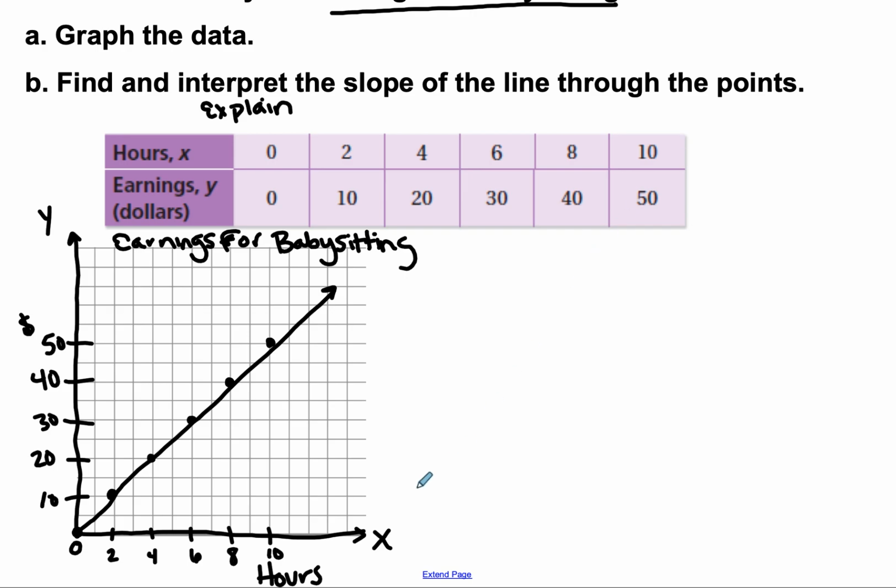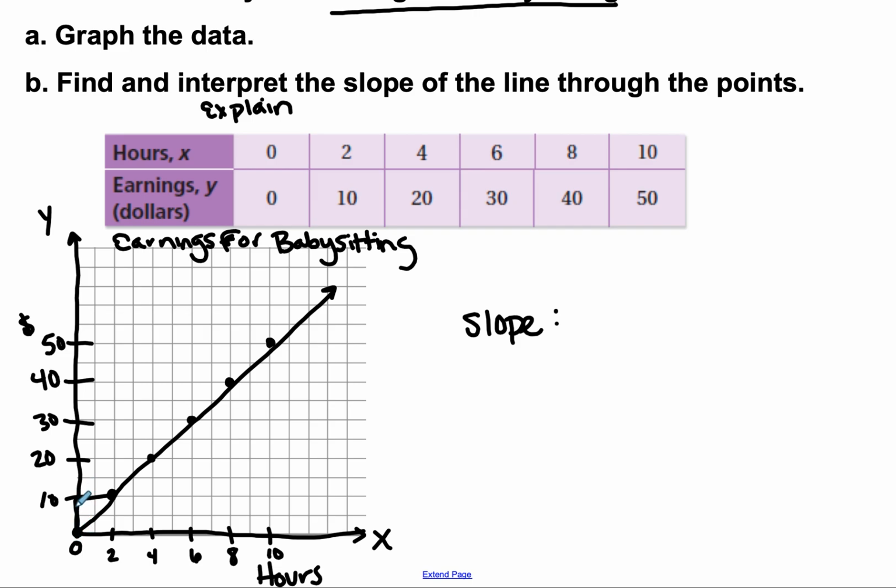Now I need to find and interpret the slope. I'm going to pick 2 points. I'm going to use 0, 0 and 10, 2 as my slope. You can pick any 2 points that you want. I can't count my boxes and say up 2 over 2, my slope is 2 over 2, because my boxes are not going by ones. So I have to think about the value.